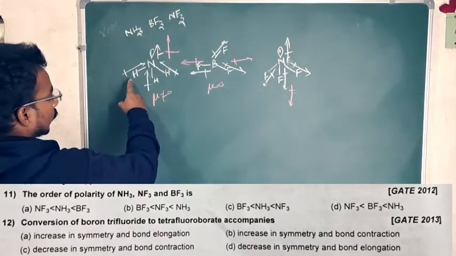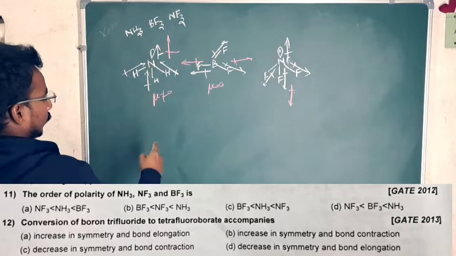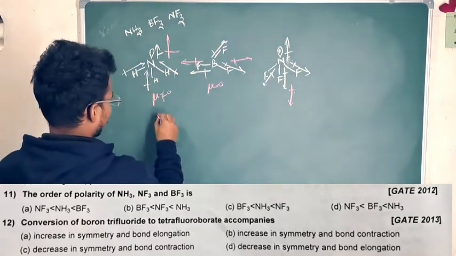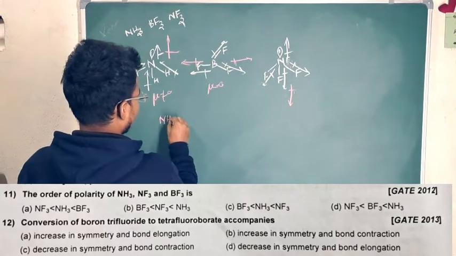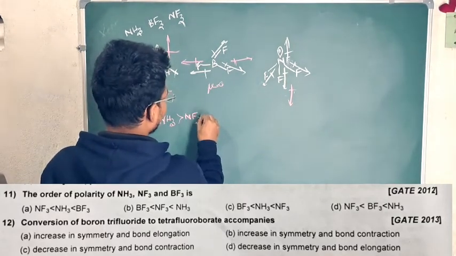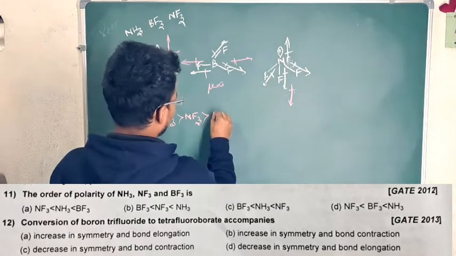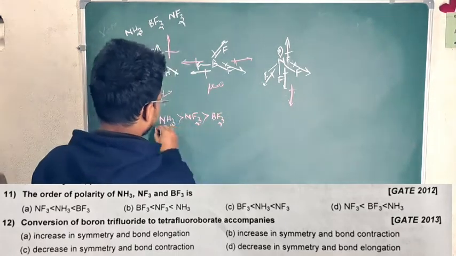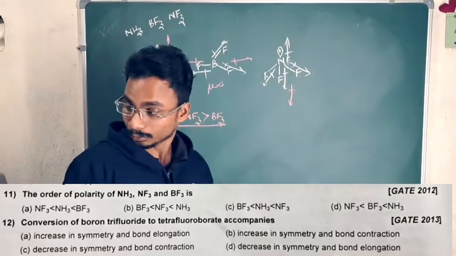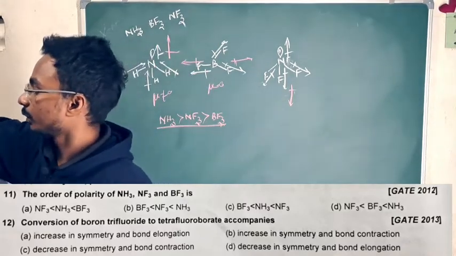But in NH3 all the dipole moments are directed in the same direction. So what will be the highest? Absolutely NH3 has more dipole moment than NF3, and BF3 has dipole moment 0, so it will be in the least position. Okay, that is the answer. So let's proceed to the next problem. Let me take another chalk.